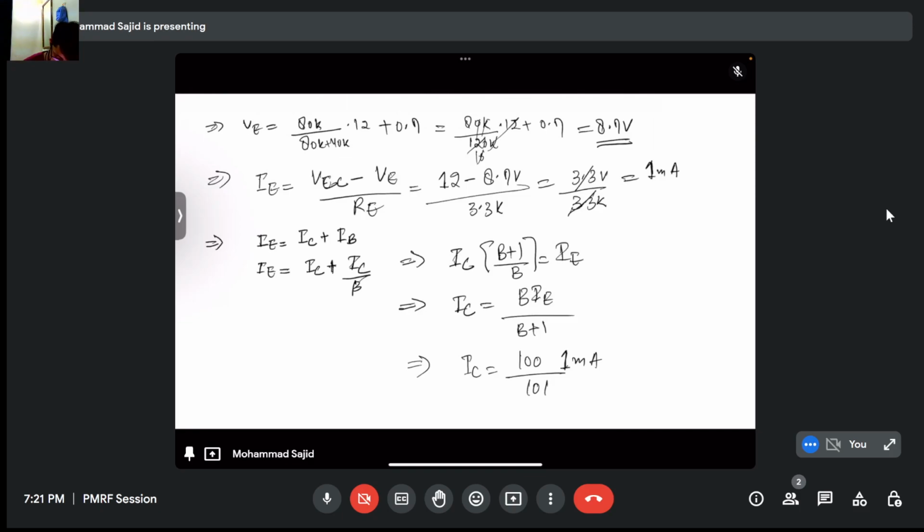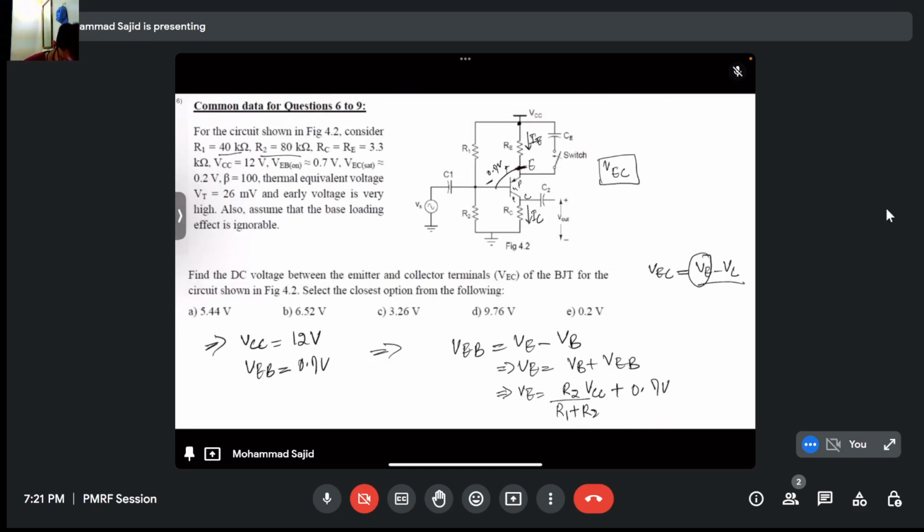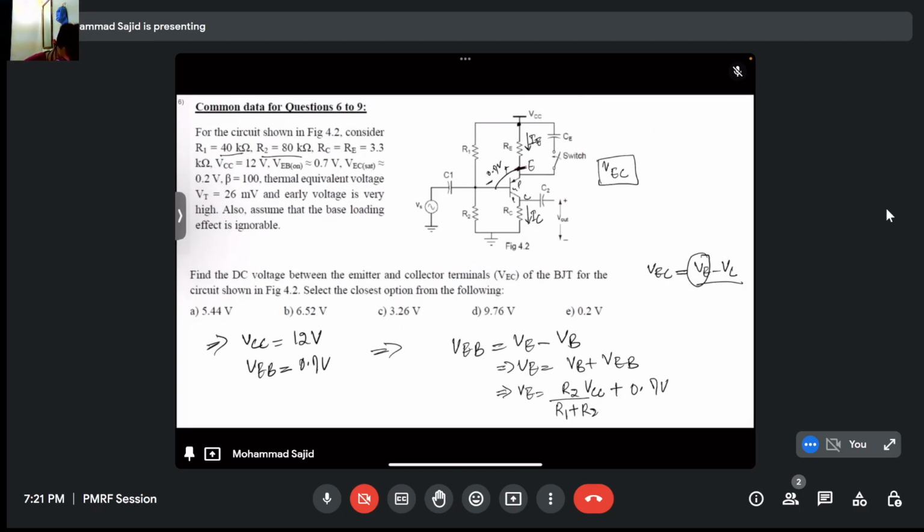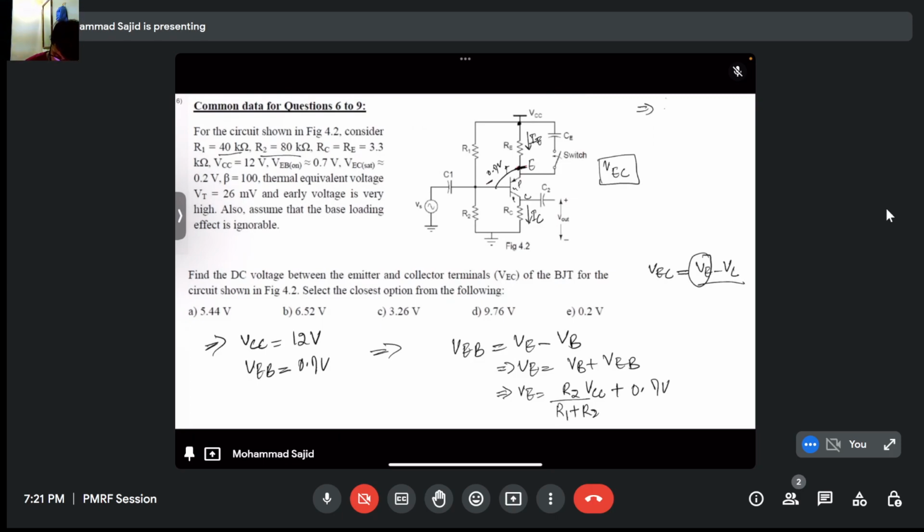Just find gm here. Okay, gm is given by IC by VT. You have VT given to us as 26 millivolt.